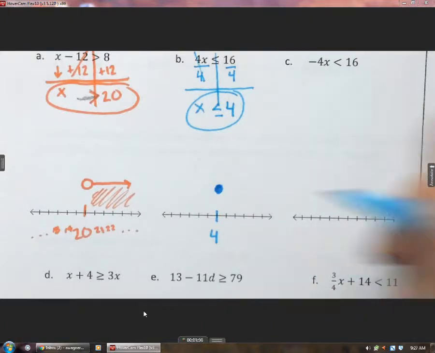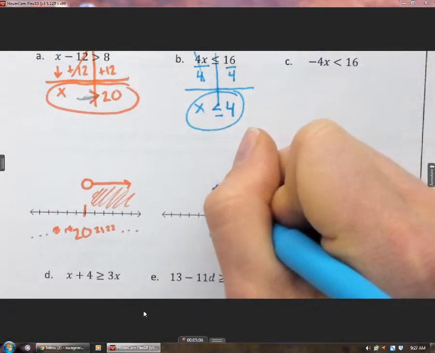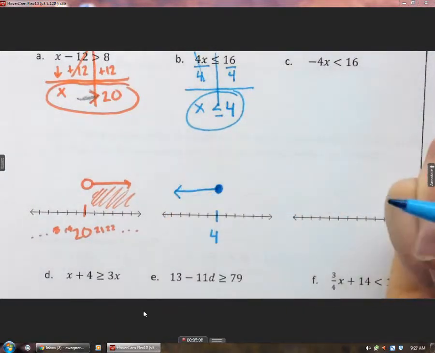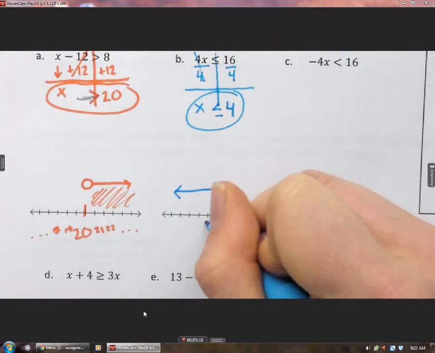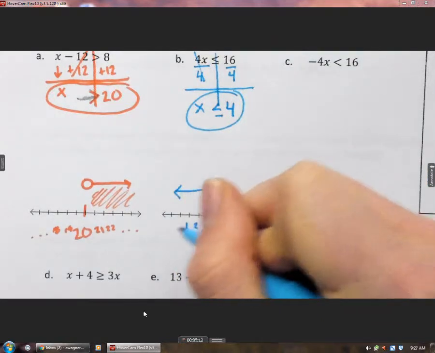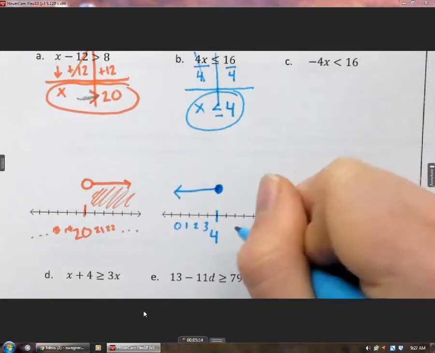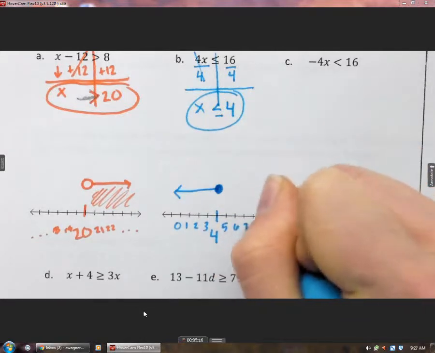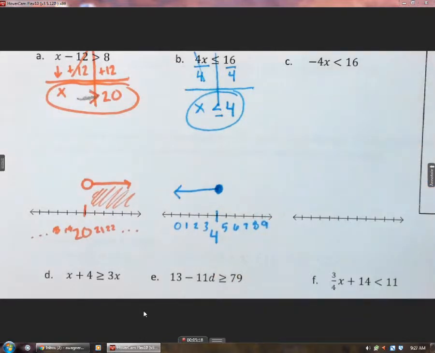So what numbers am I going to go to, the left or to the right? Follow the arrow. The numbers that are less than 4 are this way. This is 4, 3, 2, 1, 0, 5, 6, 7, 8, 9. No. Nope.